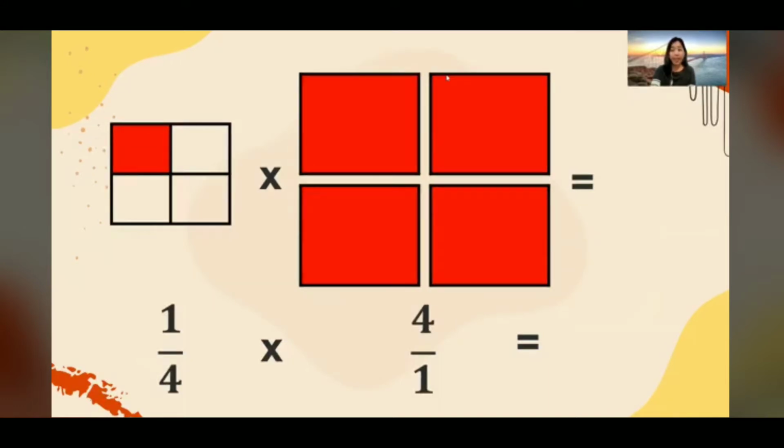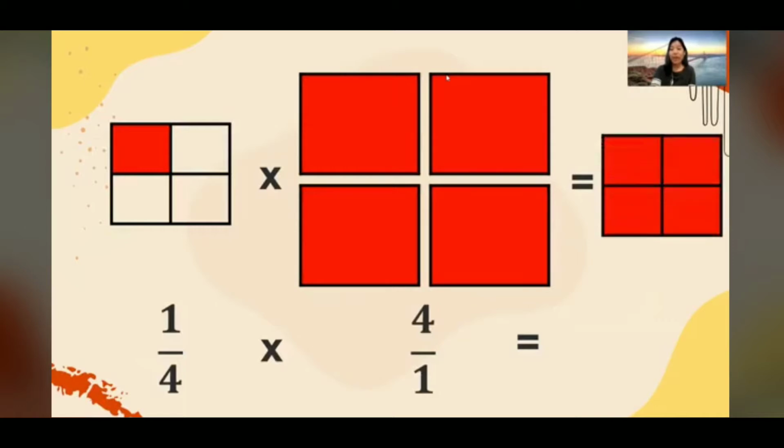And 4 times 1 is 4. So we will get 4/4, right? So in multiplying fractions, don't forget that we will just simply multiply the numerators and then we will multiply the denominators. So let us simplify our answer. 4/4 will be what? 1. That's correct. So the final answer is 1.